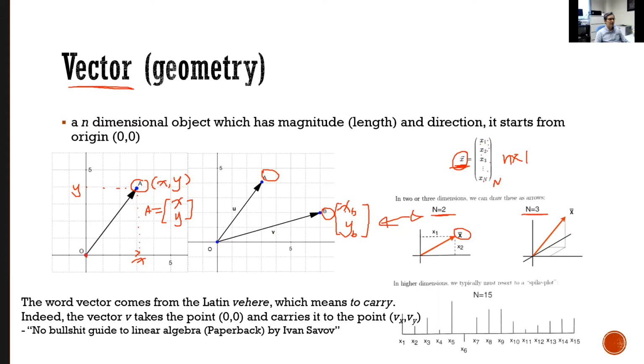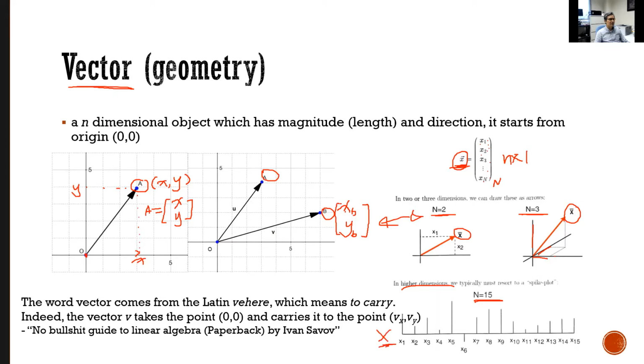When n equals 3, you have x and y and z, 3 numbers to describe the position of this data point. If you have a higher dimension, in this case n equals 15, then you will have a series of 15 numbers to describe your data point x.